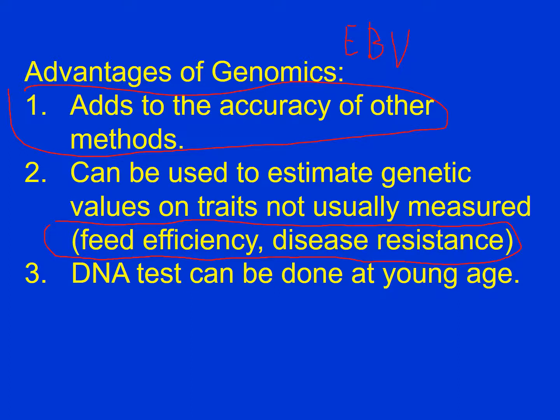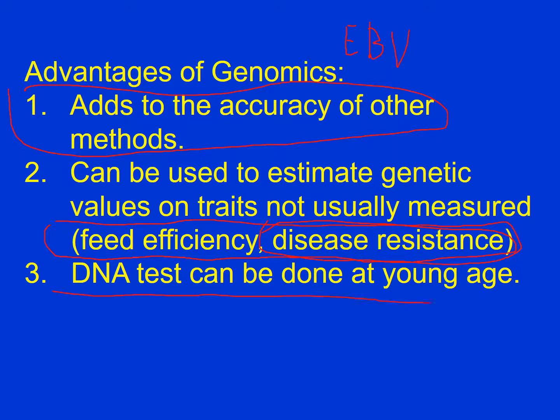But we can estimate the SNPs that are correlated to disease resistance and use those SNPs to estimate genetic resistance for animals that have never been exposed to the disease.